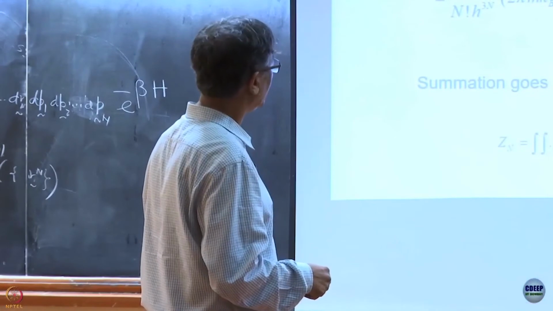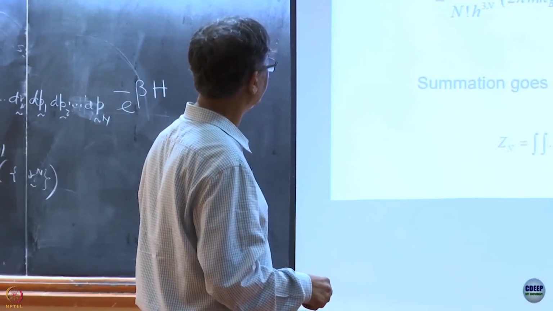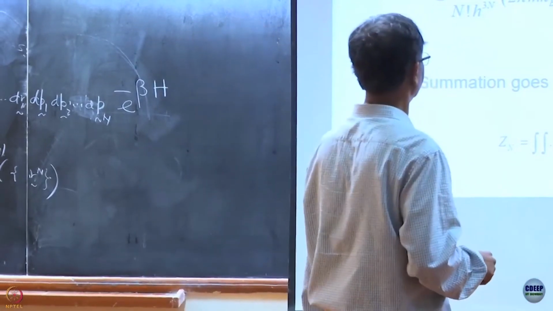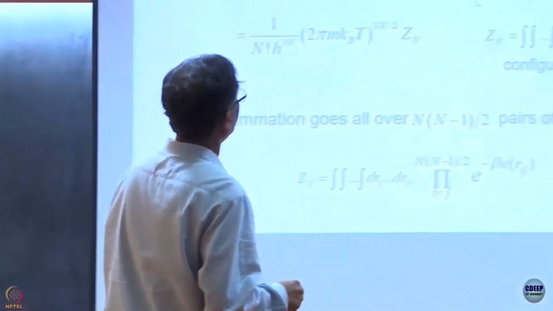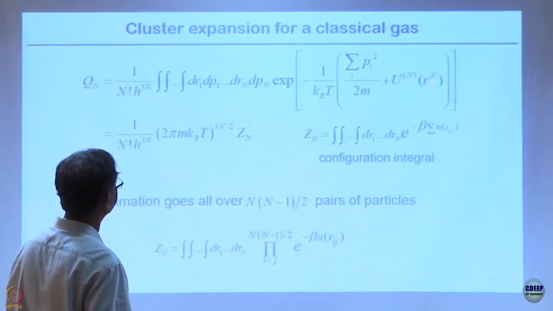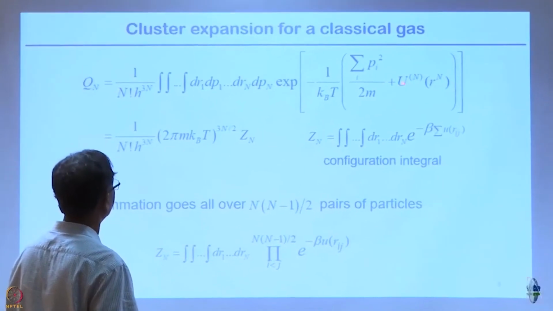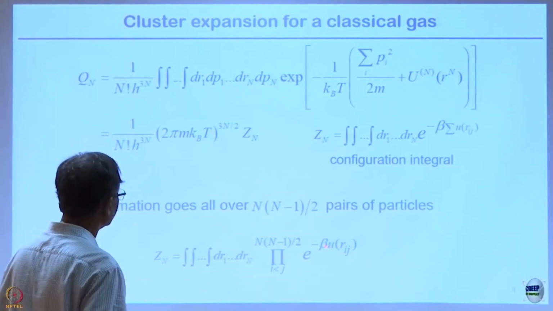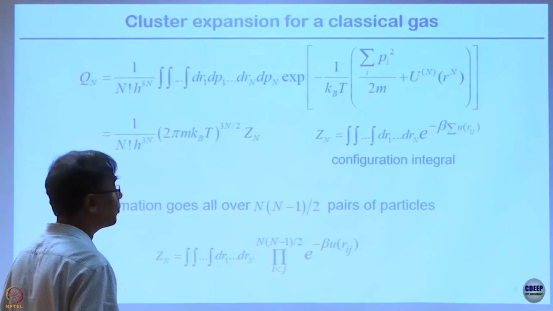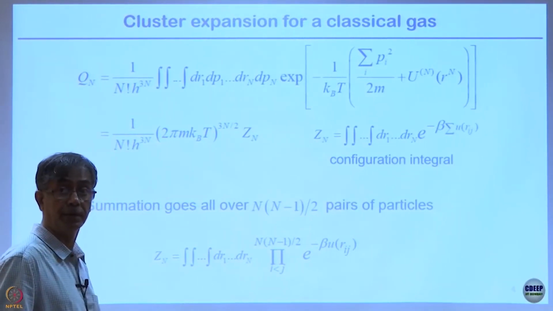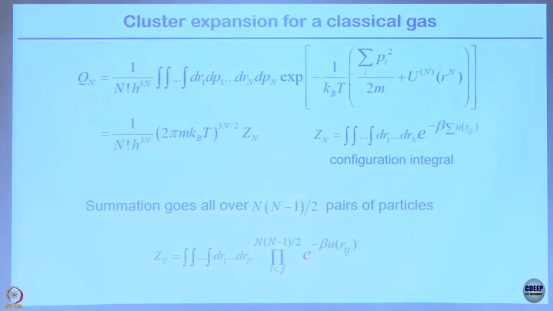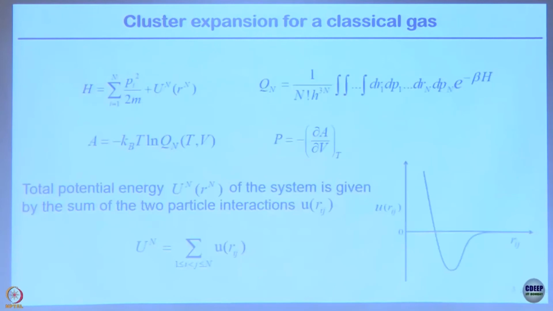Okay. Now I am going to play certain tricks. I notice that this quantity, the sum in the exponent, can also be written as a product. Here you understand that this is u and u is the sum.